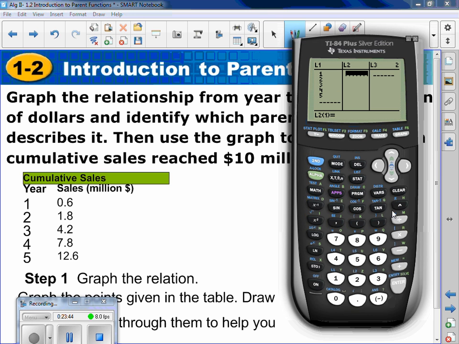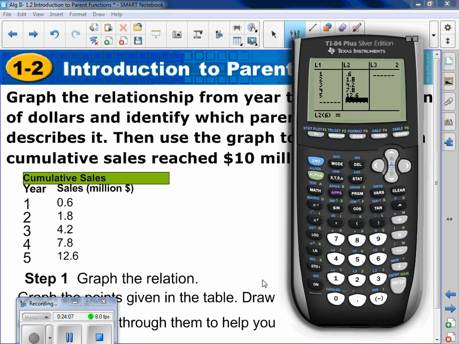Press to the right. Year 1 was 0.6 million. Year 2 is 1.8 million. Year 3 is 4.2 million. Year 4, 7.8. And year 5 is 12.6.